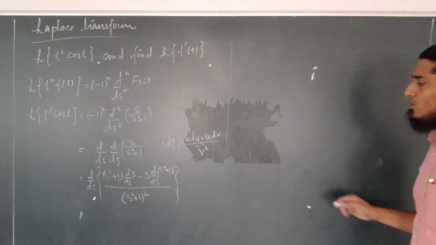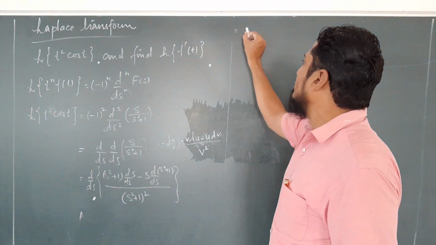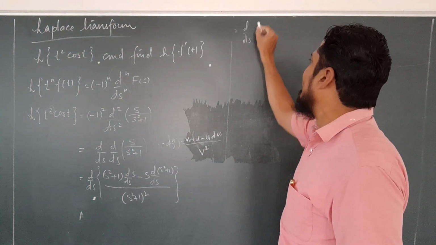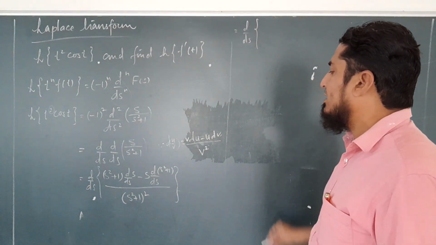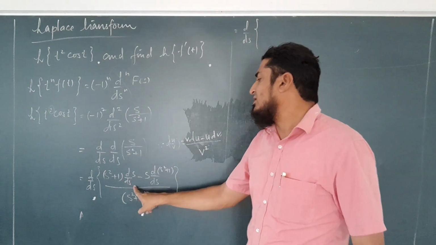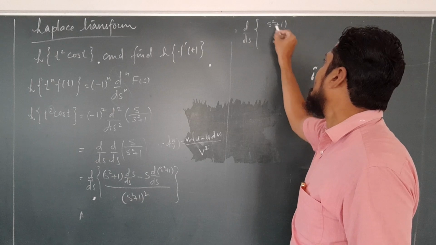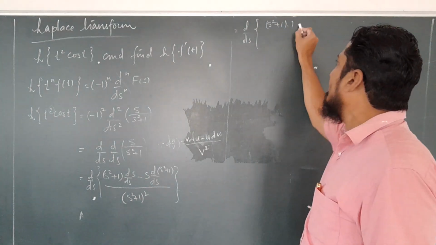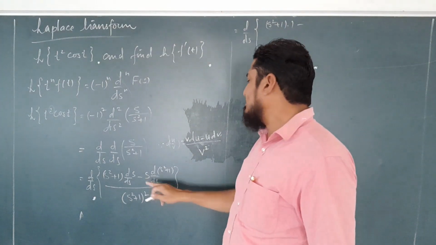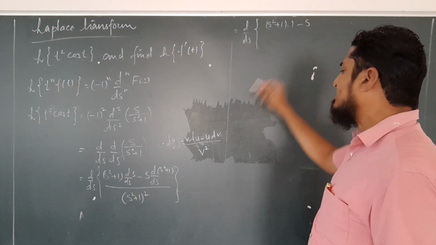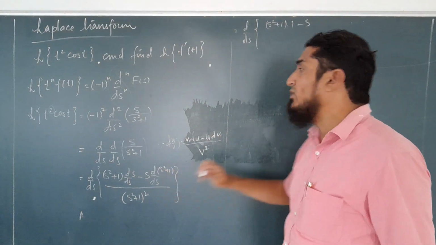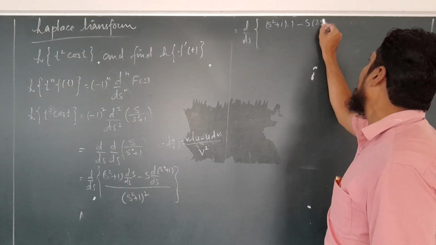Now we will try to simplify that expression, d by ds as it is. Differentiation of s with respect to s gives 1. So s square plus 1 as it is into 1, minus s as it is, and differentiation of s square plus 1 gives us 2s.